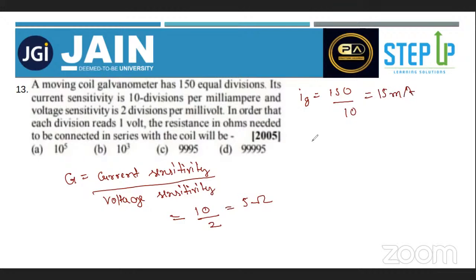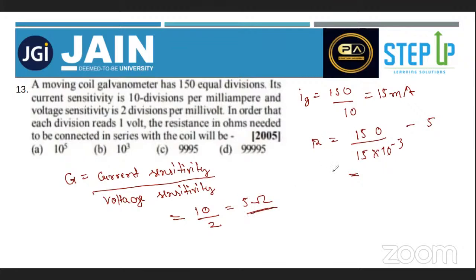Now to find the resistance, the formula is R equal to V upon current. For one division is 10, so for 15 divisions the voltage is 150, upon current, which is 10 raised to the minus 3.